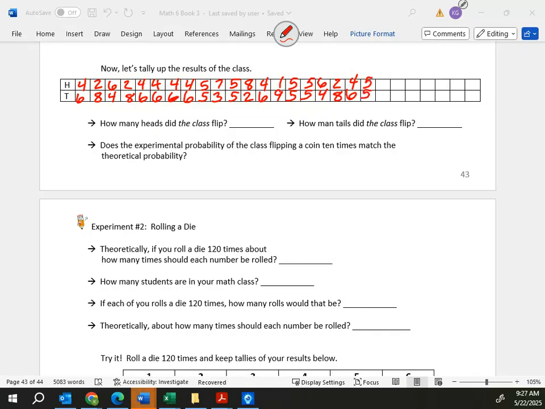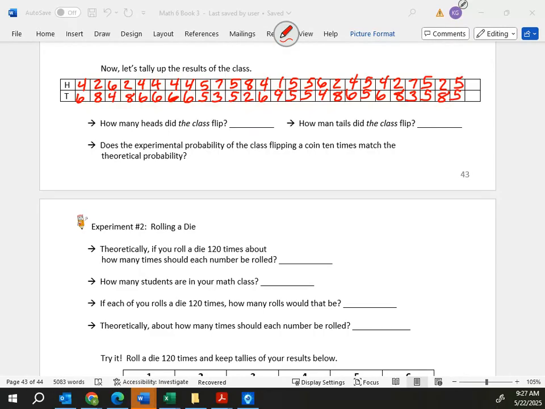Maddie? 4 and 6. Hudson? 2 and 8. Aaron? 7 and 3. Alexi? 5 and 5. Aiden? 2 and 8. Etta? 5 and 5. Did I get everyone?